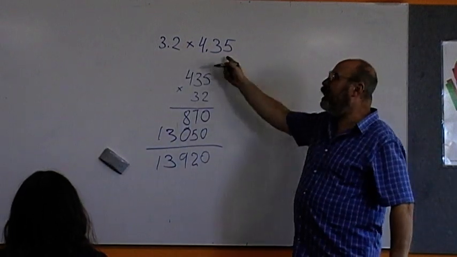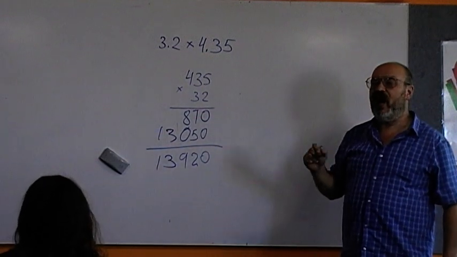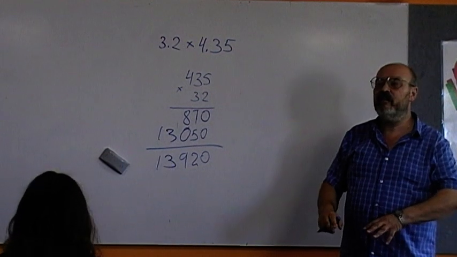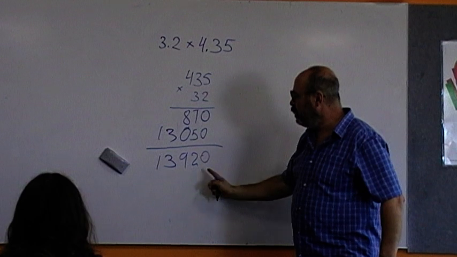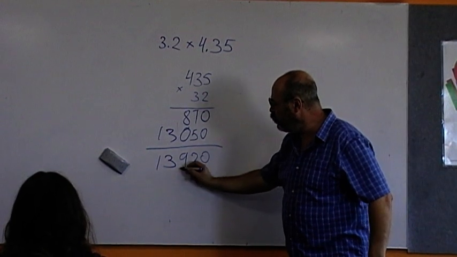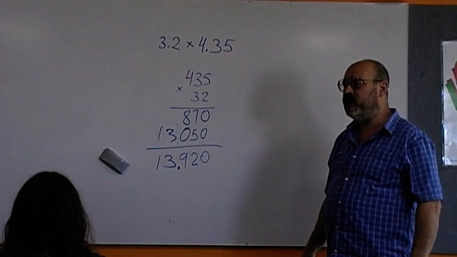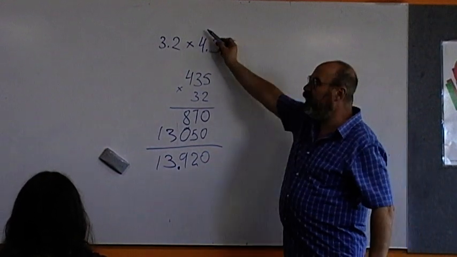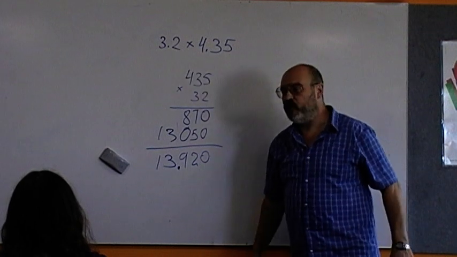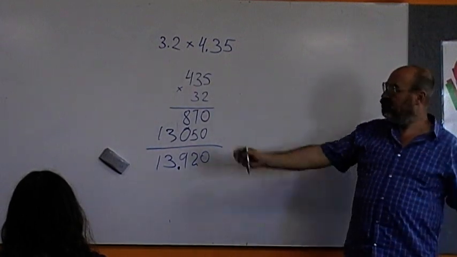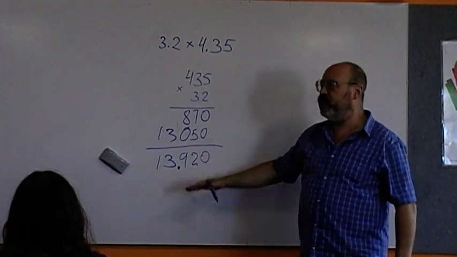Now we count how many digits we have after the decimal point altogether. We have 1, 2, 3, so there has to be 3 digits after the decimal point in the answer. We count how many digits we have after the decimal point here, and the total number should be in your answer.